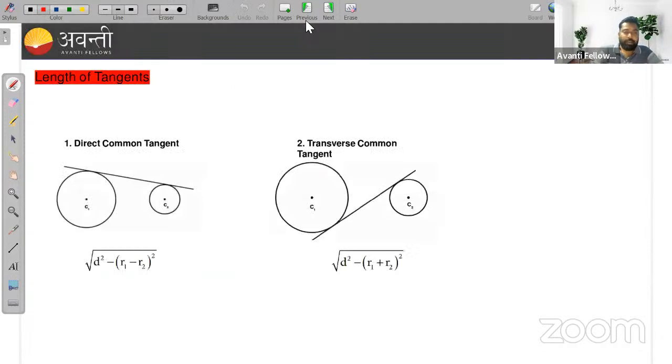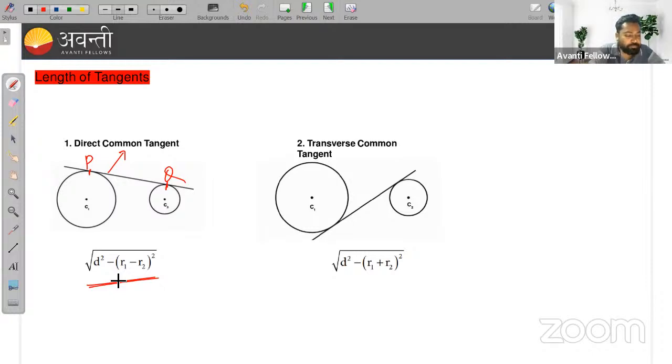Now, length of the tangents. There are two kinds of tangents we should know. This tangent is called my direct common tangent, and to find the length of this tangent it is actually the square root of d square minus (r1 minus r2) whole square.